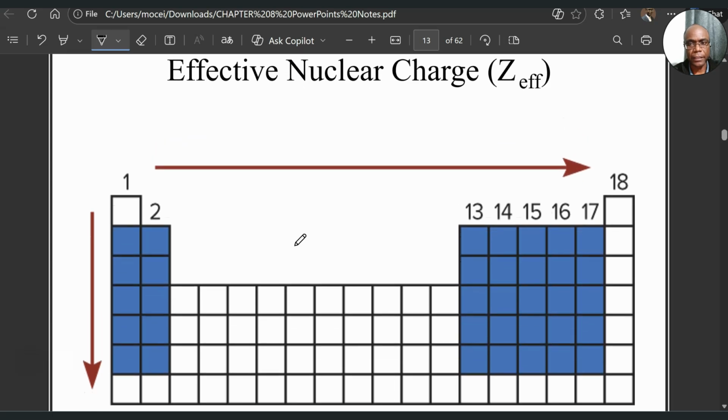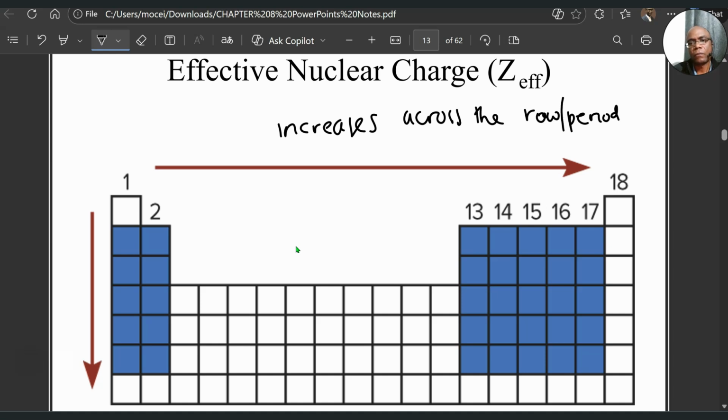Okay, so the effective nuclear charge increases across the row, what you call the period, with an increase in the number of protons, meaning with an increase in atomic number. So it increases that way.